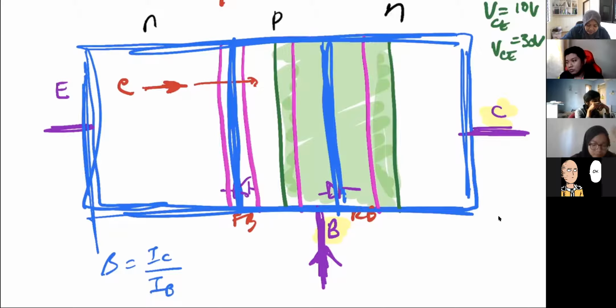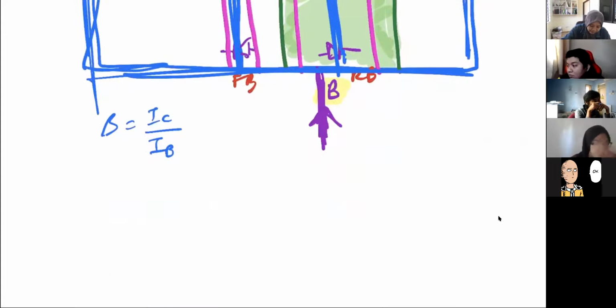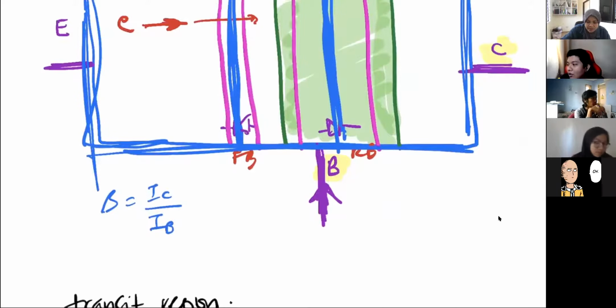Okay. Now, remember we talked about the transit region. Can you explain what is the transit region?